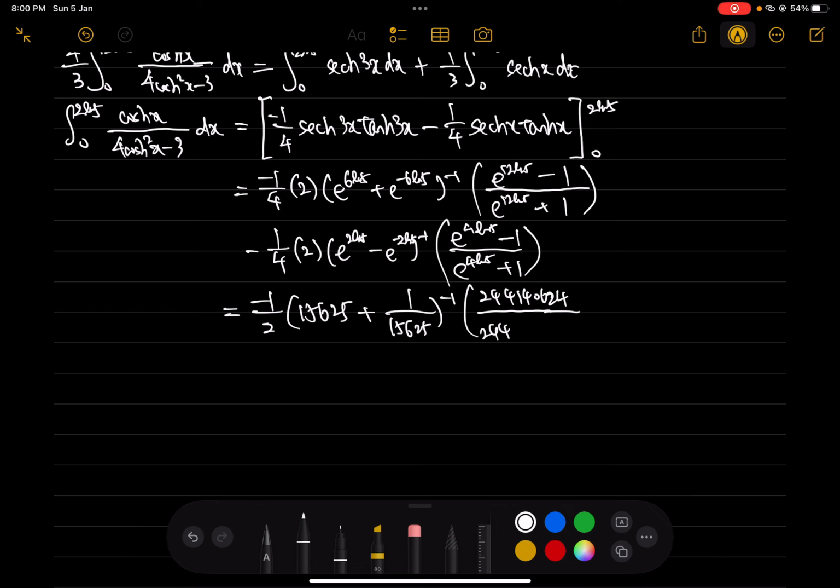over 2, 4, 4, 1, 4, 0, 6, 2, 6. And then minus 1 over 2. And then that's just 25. That should be a plus. Plus 1 over 25 to the power of negative 1. And then 5 to the power of 4.